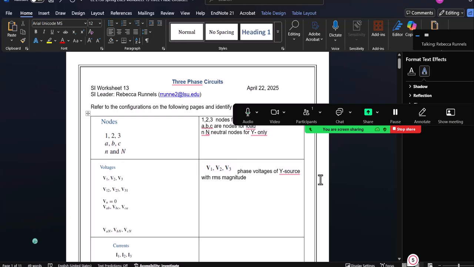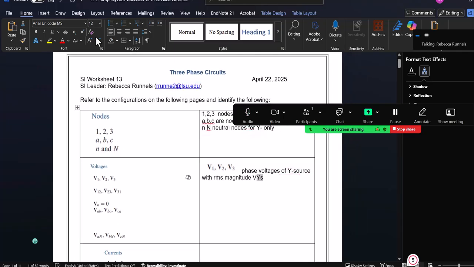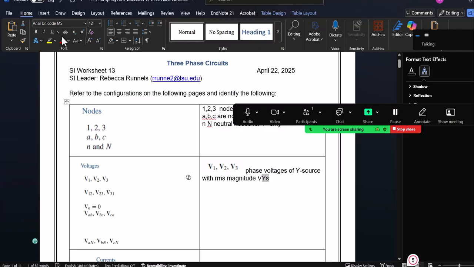You can call it V sub YS if you wanted to, but it's the RMS magnitude of the voltage for the Y source.